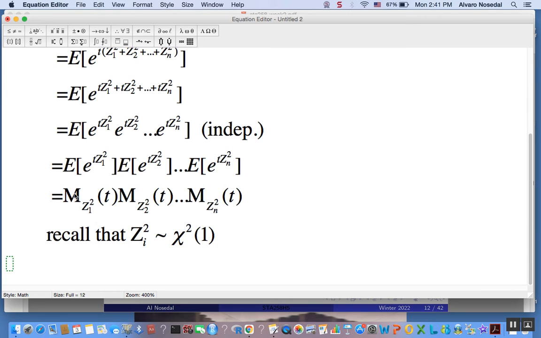So let's refer to our table. The MGF of Z1 squared is going to be the MGF of a chi-squared with 1 degree of freedom.